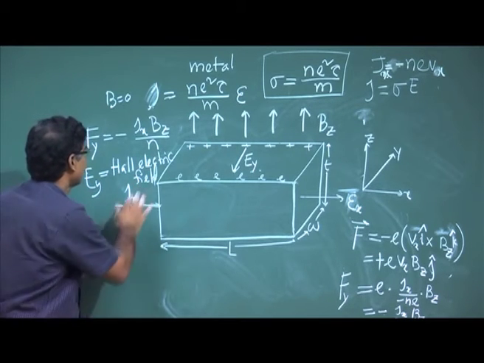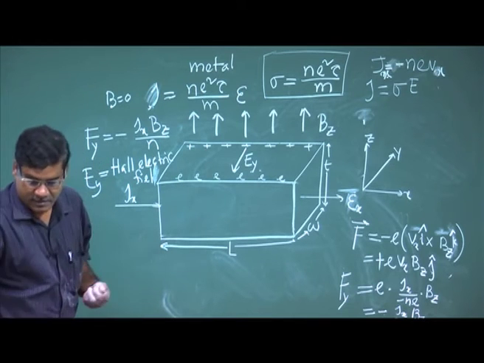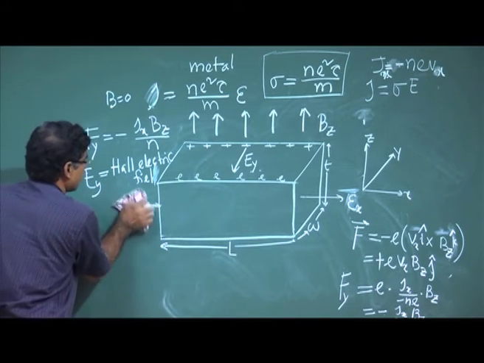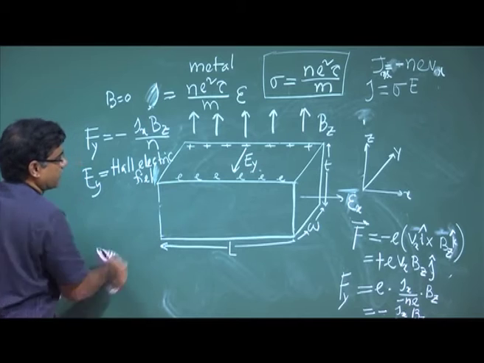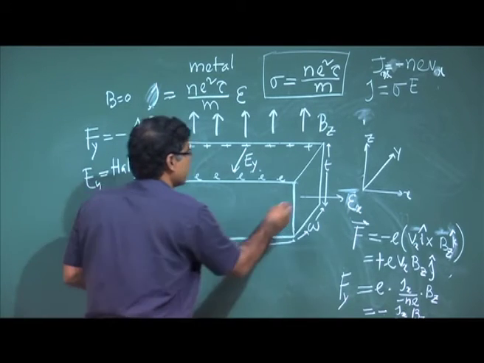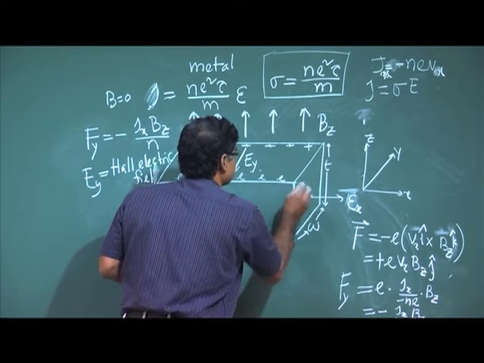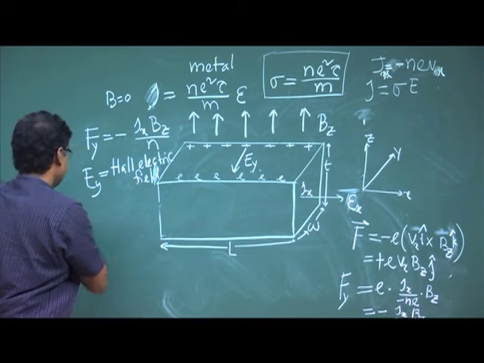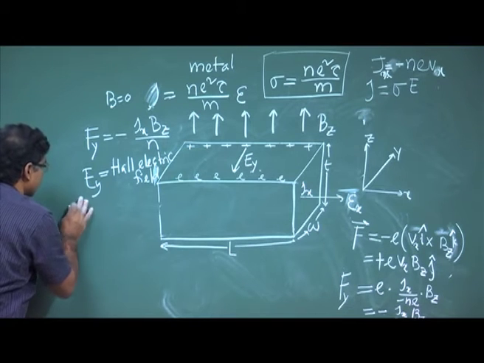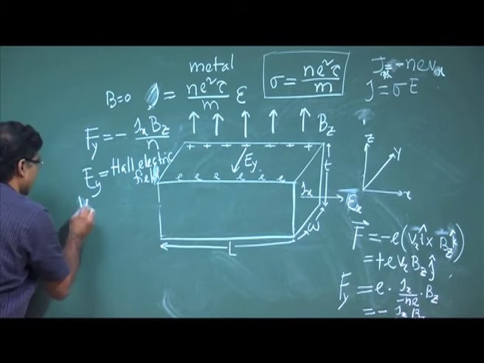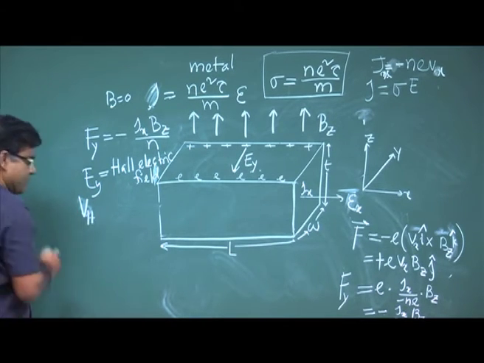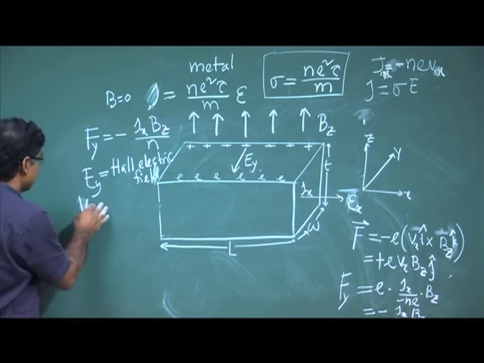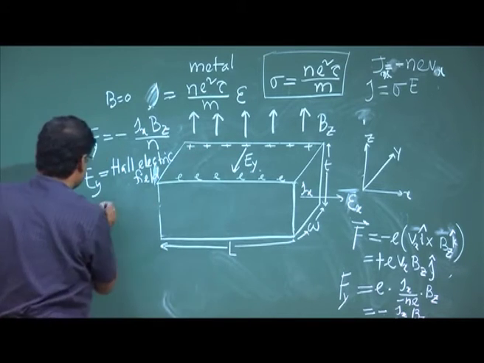Right, electric field, and corresponding voltage is called Hall voltage. So, V_H we write E_H, but it is along this y direction.